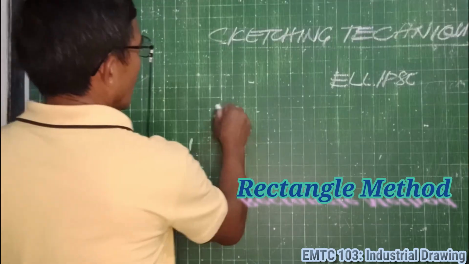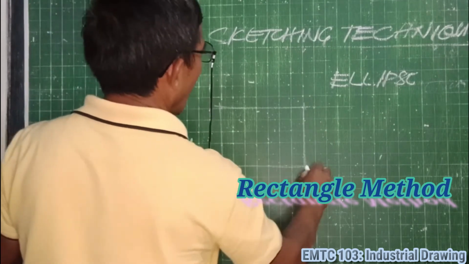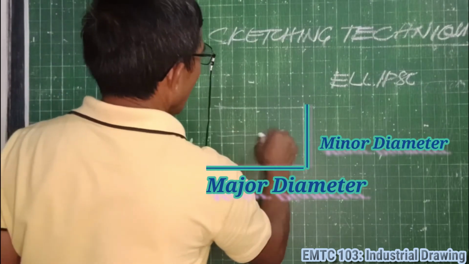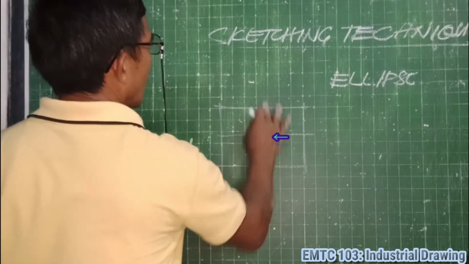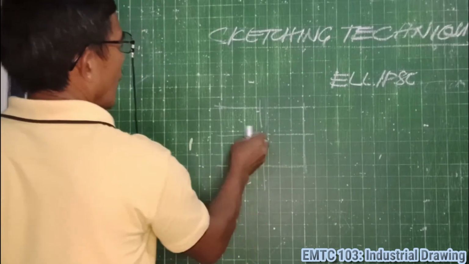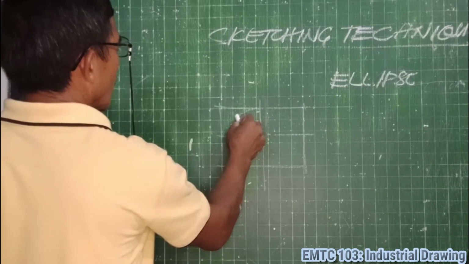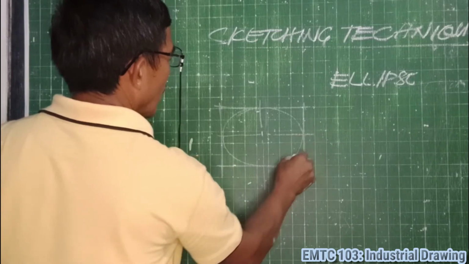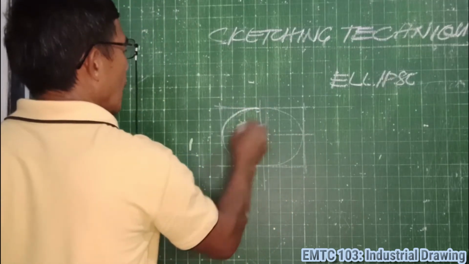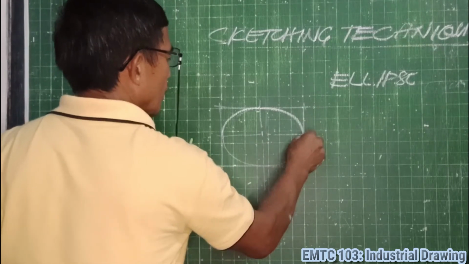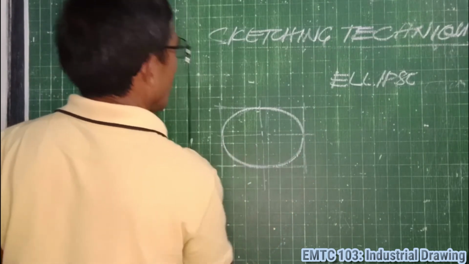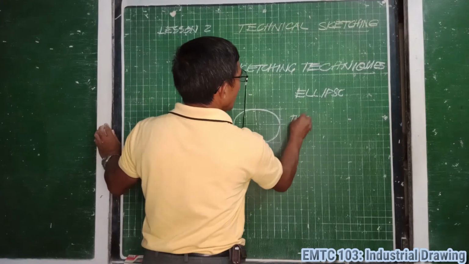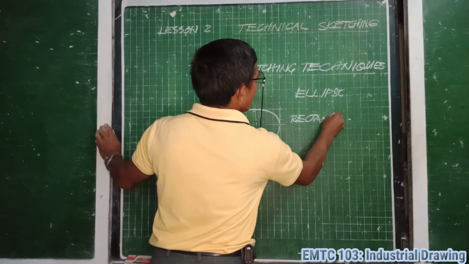You just draw the rectangle, draw the major diameter and the minor diameter. Then you get the center, this one. Then slowly or slightly draw an arc. There. Then after that, darken the lines. Follow the lines. This one is what you call the rectangle method, by using a rectangle.